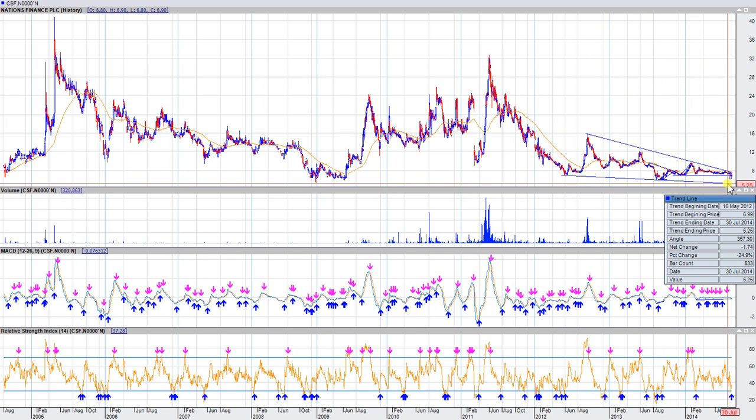So this is my support line which stands as of now. So 535, yes, I will do some buying if I get the opportunity.